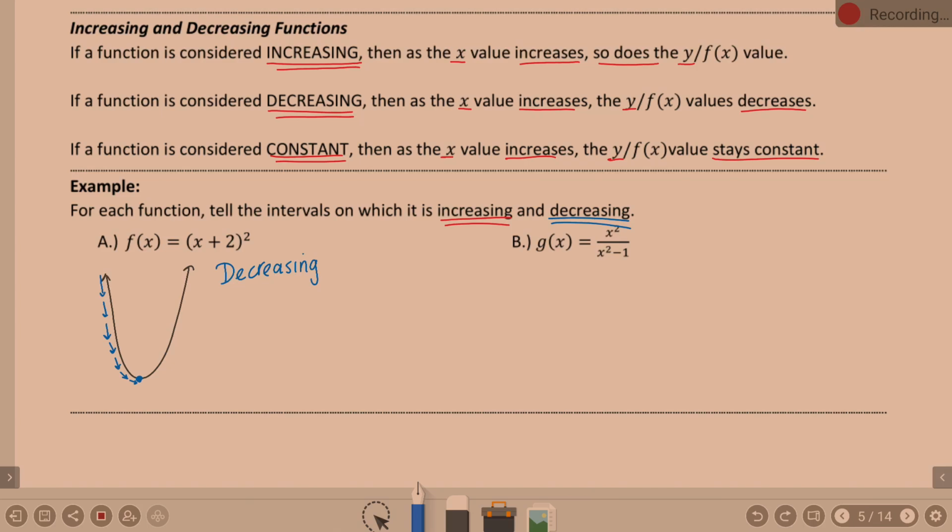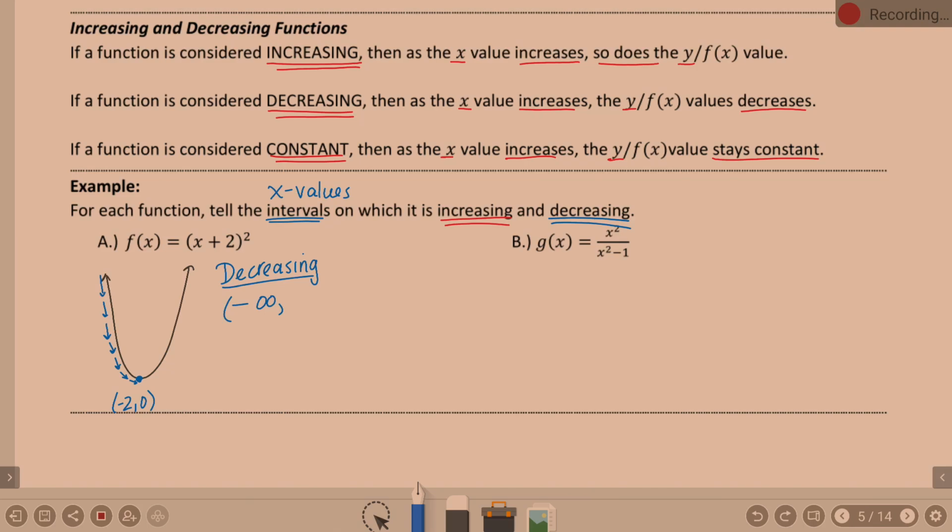And when we talk about telling the intervals, we are using x values. So it's from left to right when you start increasing, decreasing, all of that. Here, we started decreasing at negative infinity. When am I going to stop decreasing? Well, what is this minimum?